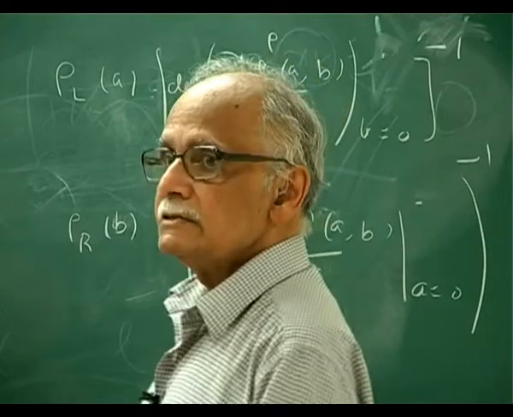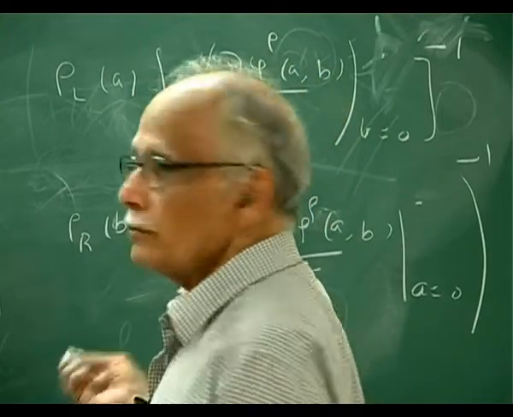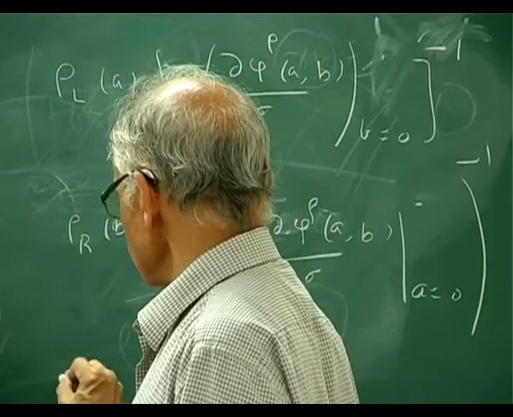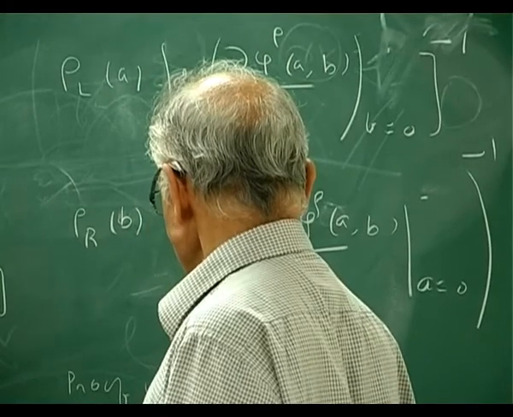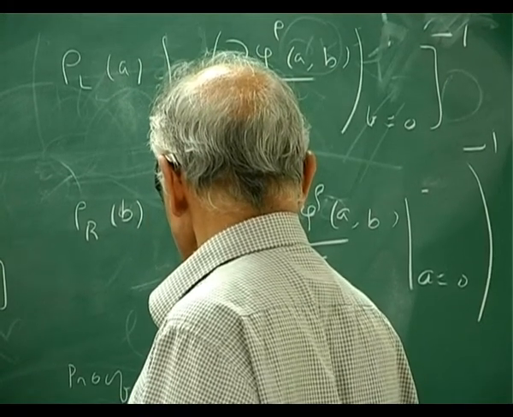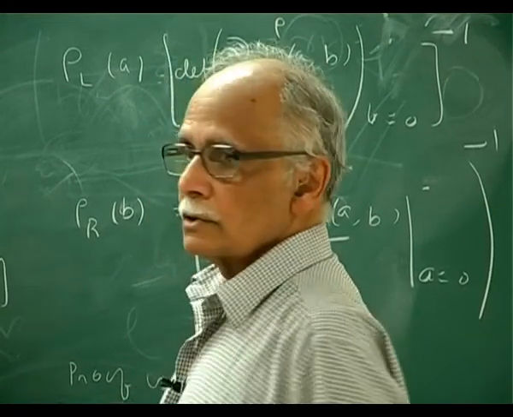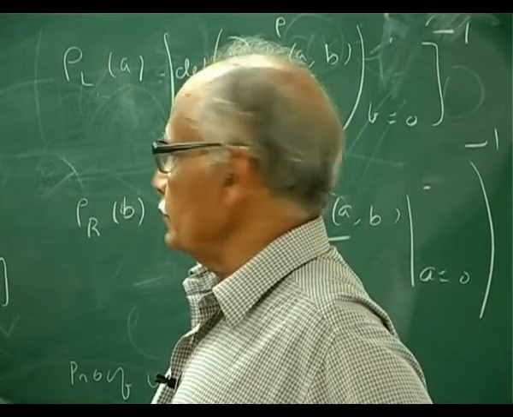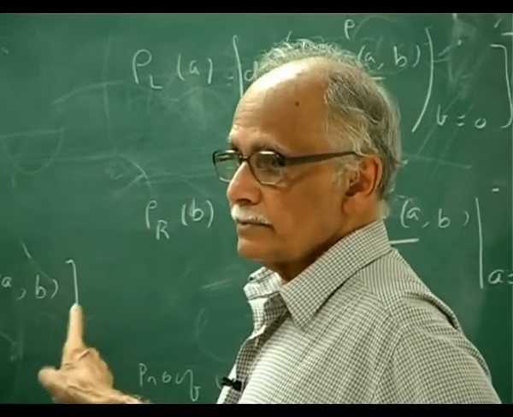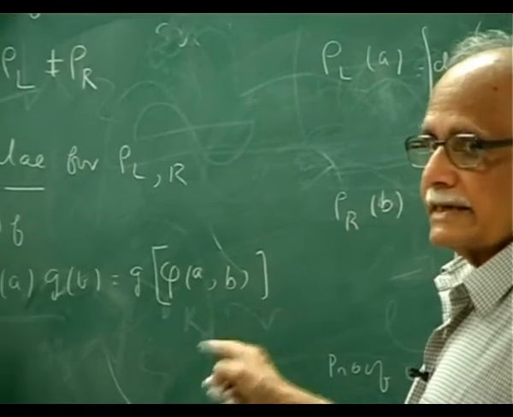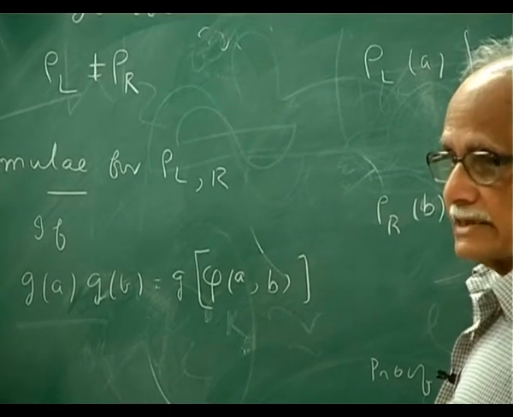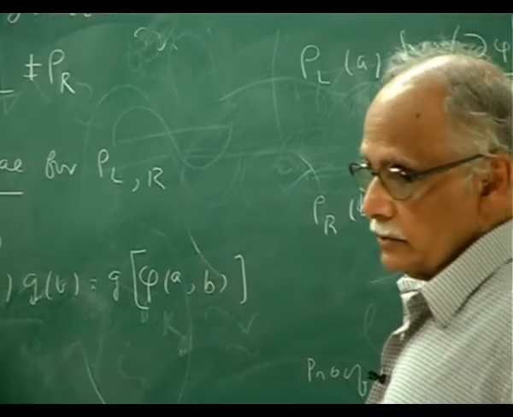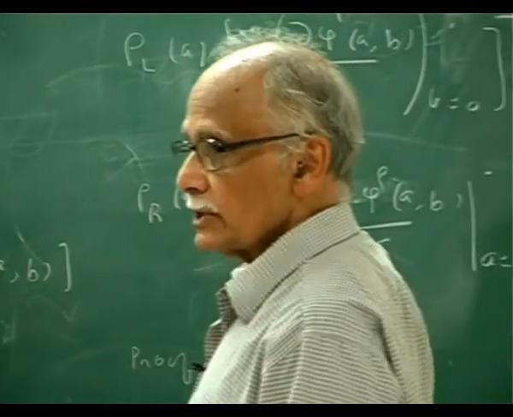The proof for this is a homework. Proof is homework. It is not difficult. You have to look at this formula and differentiate and get identities for the determinants. Okay. Then you will find the answer here, which I have given you.